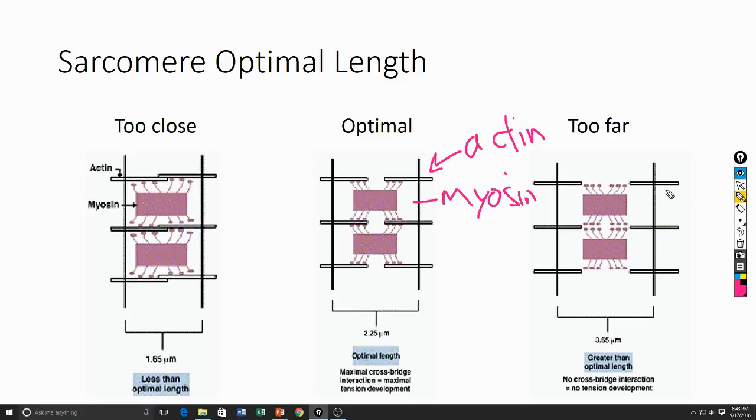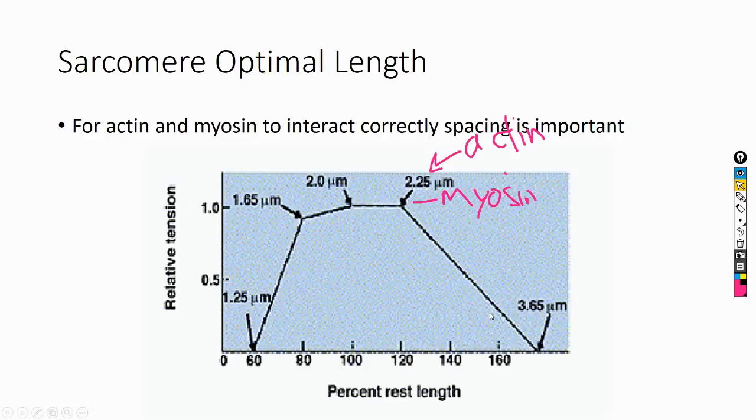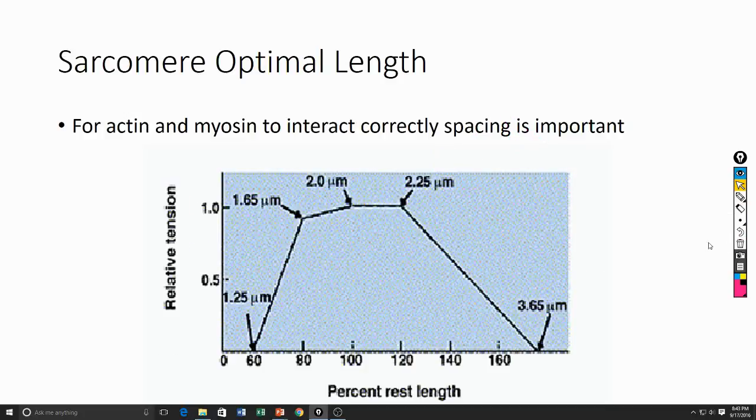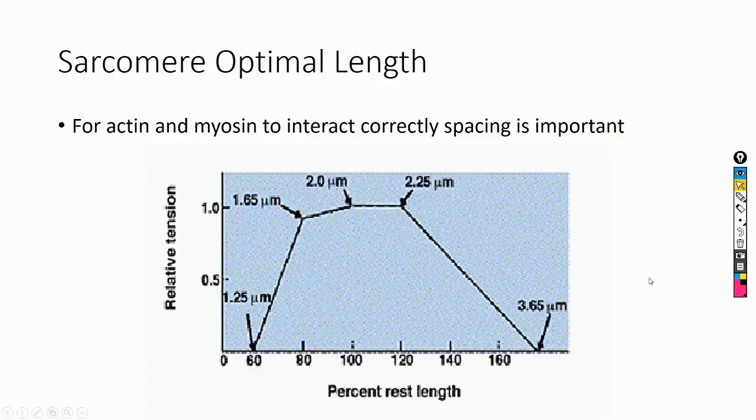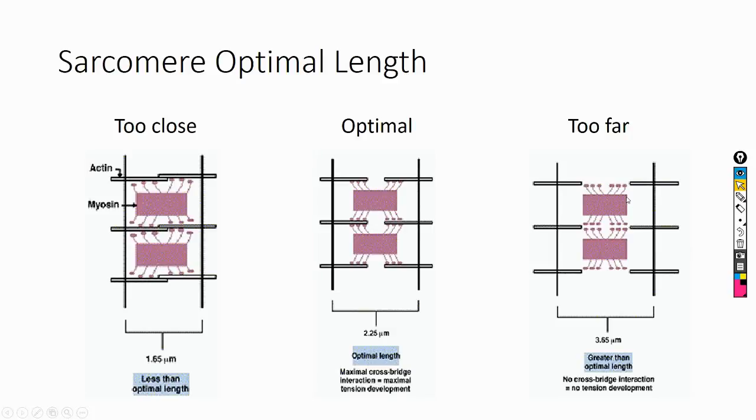So if we go too far, above 120%, once we start pulling too much, what you see is this orientation of cross bridge and myosin is not really able to grab onto the actin too well.